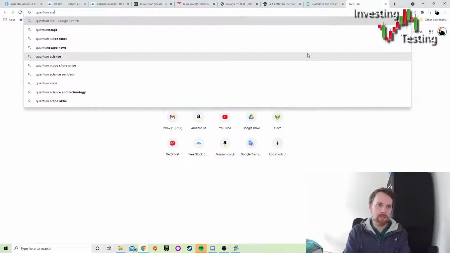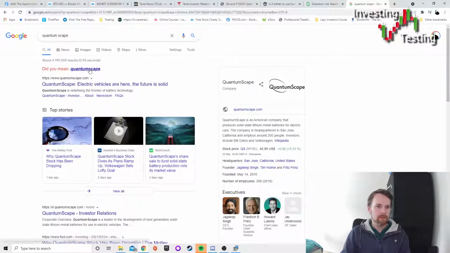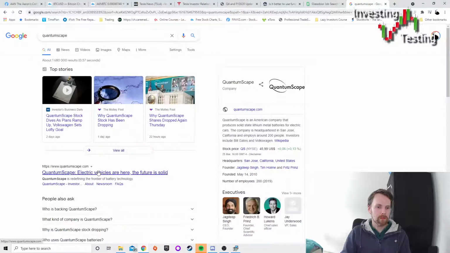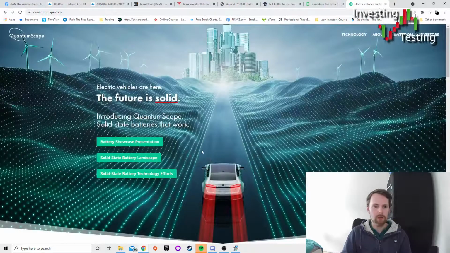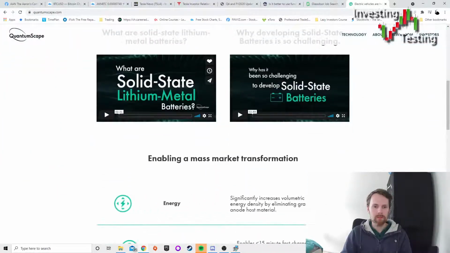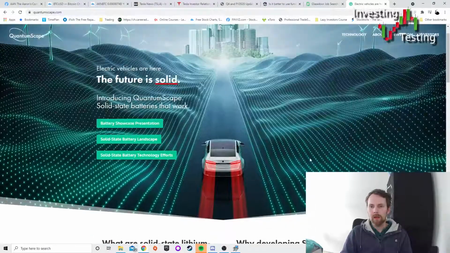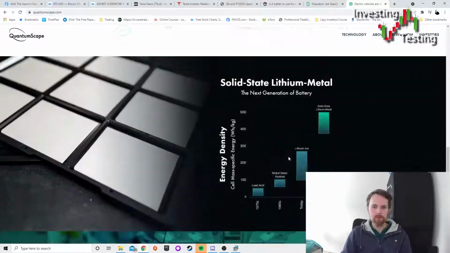QuantumScape, which is actually invested in by Bill Gates. Bill Gates has invested heavily there to begin with. Unfortunately, you cannot. Yeah, the future is electric vehicles are here. Solid-state battery, solid-state lithium metal batteries. So yeah, you can't invest in this because Bill Gates has already put lots of money into this.